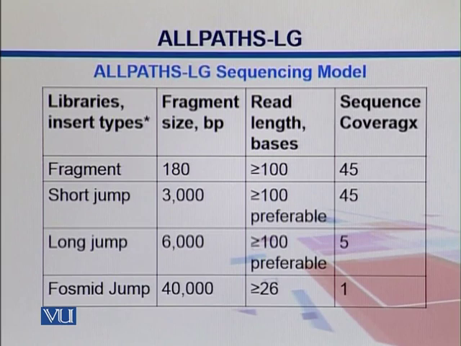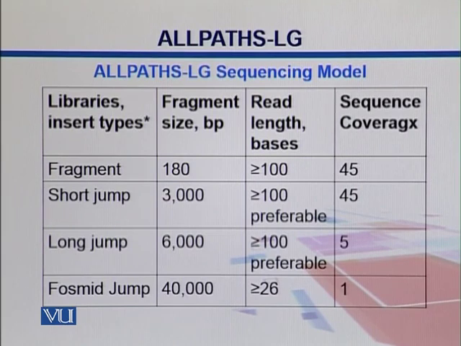The read size is similar, but here we can compromise on even low coverage, up to 5x. And for fosmid jumps, where we are using huge fragments of 40,000 base pairs, the read lengths are smaller, and with this kind of library we can even do it with 1x coverage.